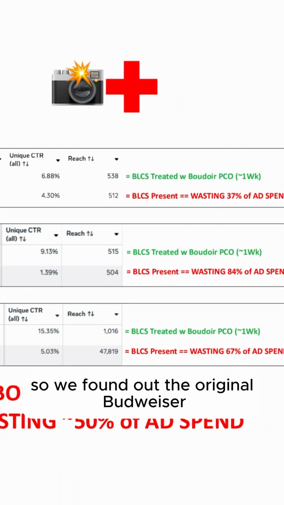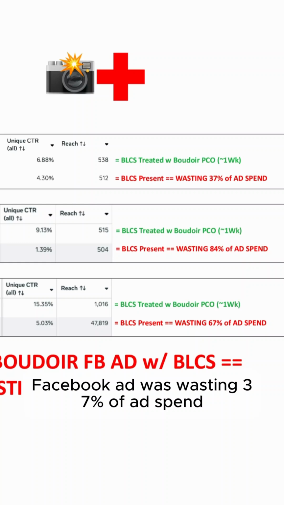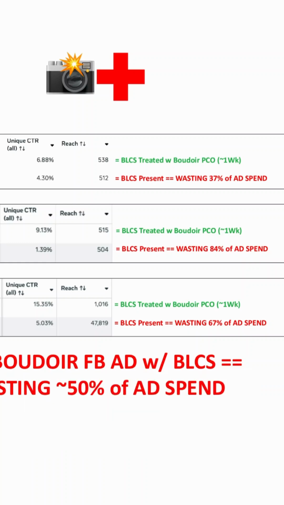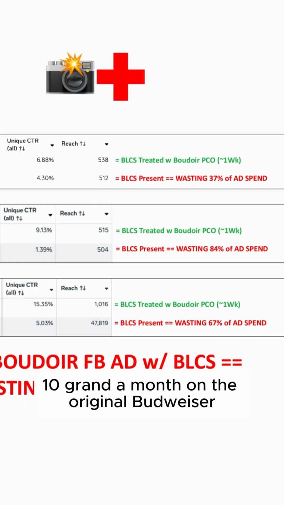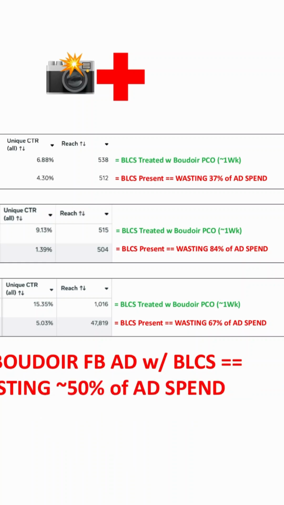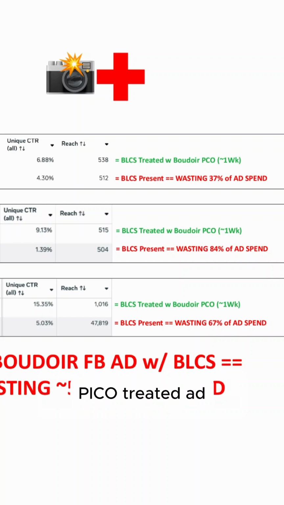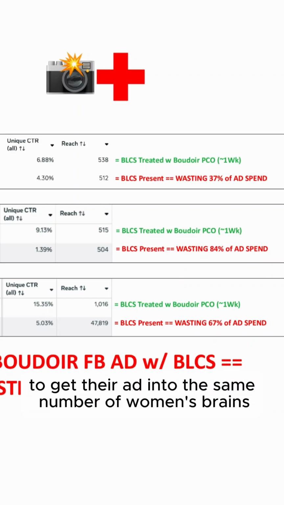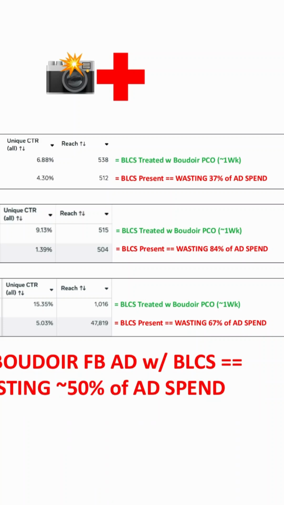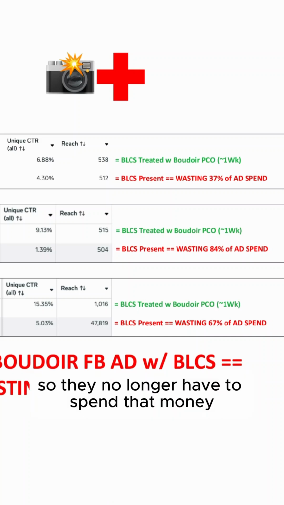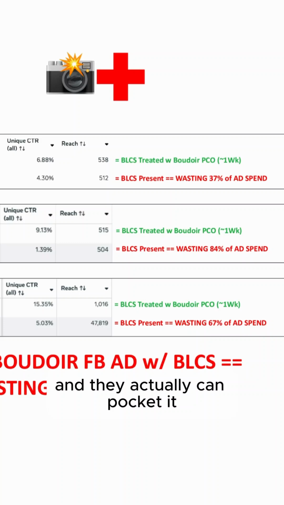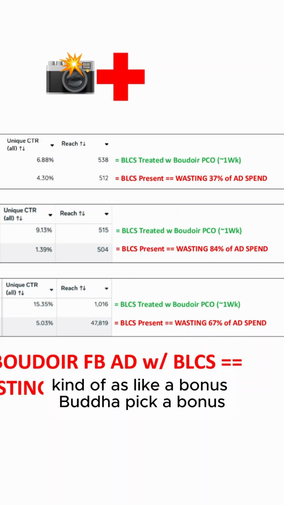So we found out the original Boudoir Facebook ad was wasting 37% of ad spend, which means if they're spending 10 grand a month on the original Boudoir Facebook ad, now they only need to spend $6,300 a month on the Boudoir Pico treated ad to get their ad into the same number of women's brains. So they no longer have to spend that money, and they actually can pocket it as a bonus, a Boudoir Pico bonus.